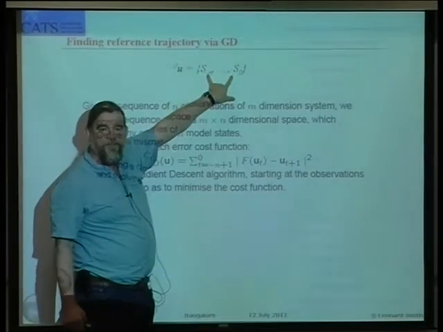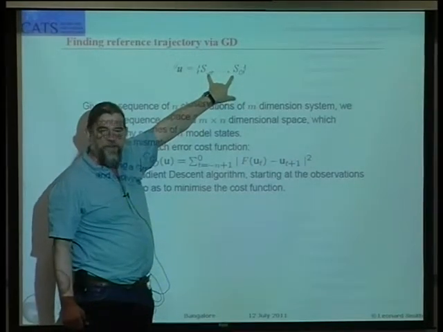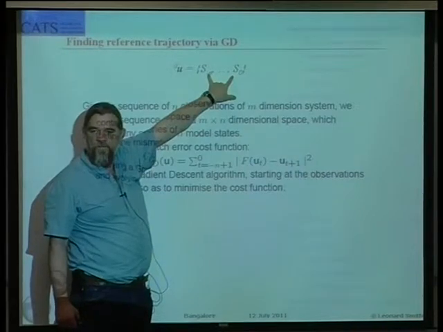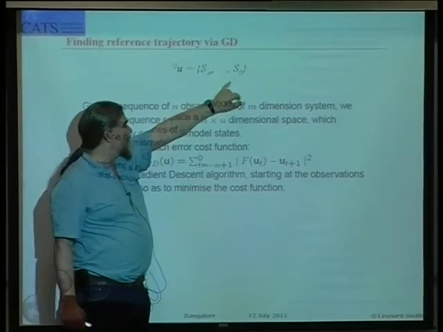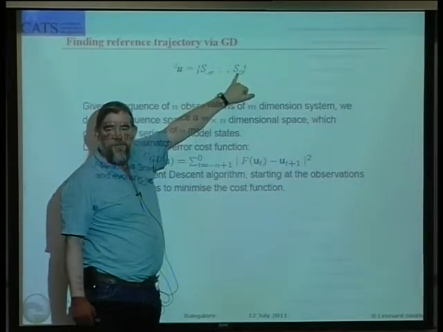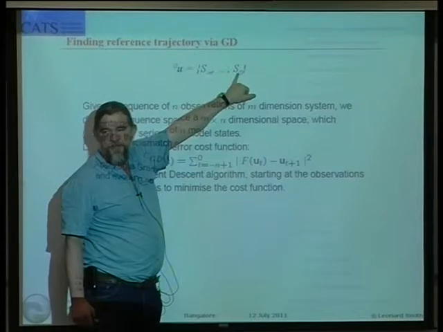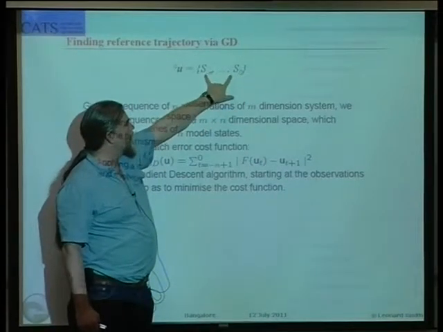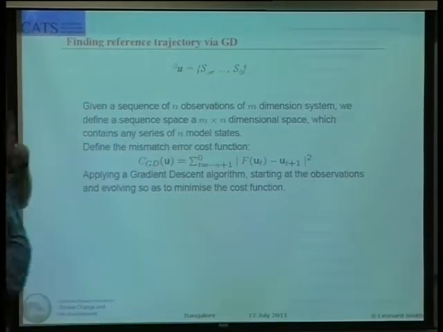These are the states corresponding to observations in my assimilation window. Any one of these is my cheap estimate of the current state of the system, or if I've observed the whole system, my observation of the current system. And now I have a whole set of n of these.